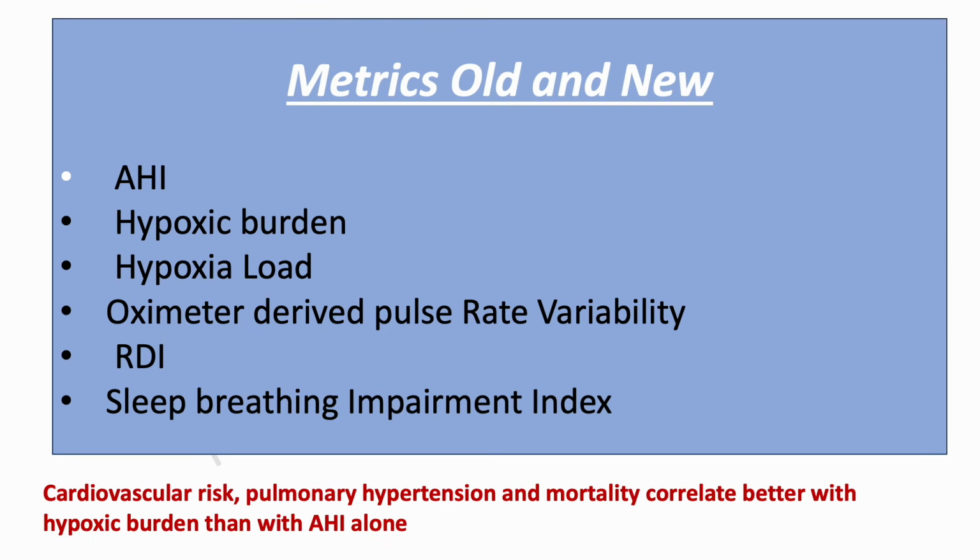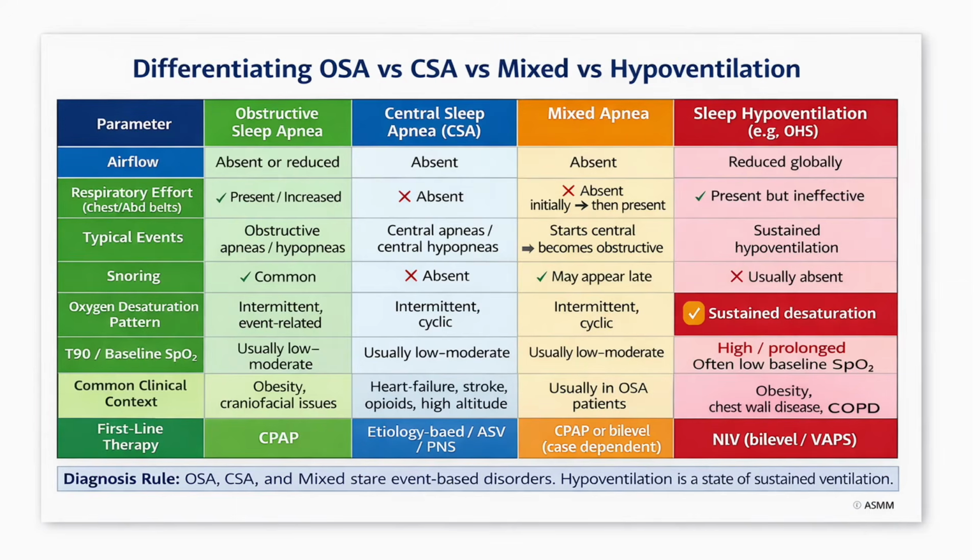If you look at metrics, AHI is now gradually being overpowered by a lot of new indices, such as the hypoxic burden, the hypoxic load, the oximeter derived pulse rate variability, the RDI, or the sleep breathing impairment index, and others. So in future, we may have more of these validated tools that we may have to integrate in our reporting.